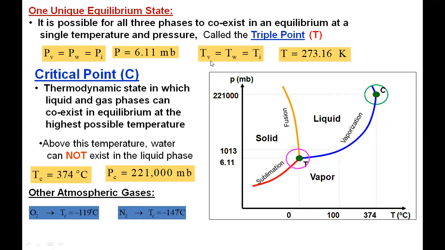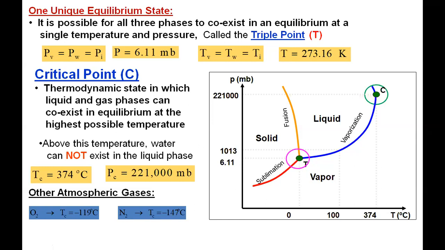Also T للvapor تساوي T للووتر وتساوي T للآيس، والتمبريتشر in this case تساوي 273.16 كلفن. إذا T here is 0 سلسيوس وبنحولها ل كلفن. إذا which equals 273.16 Kelvin.